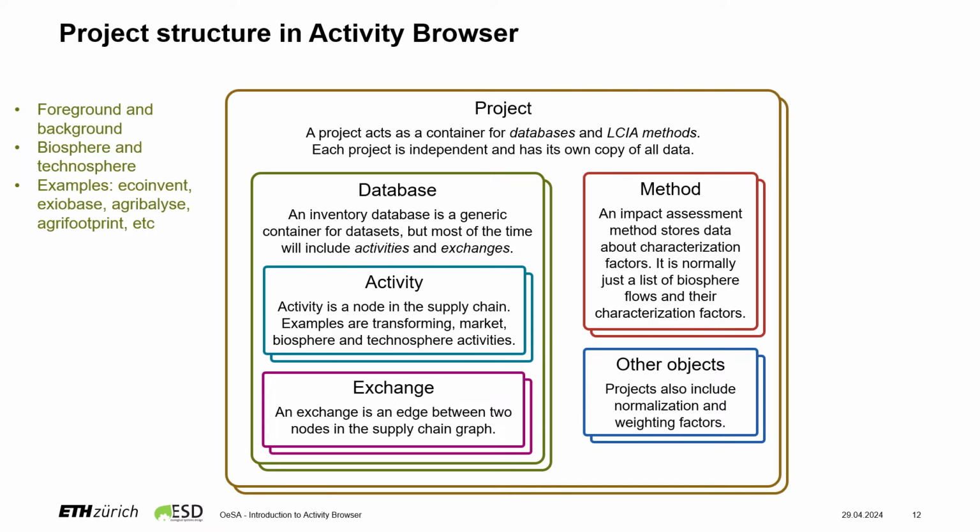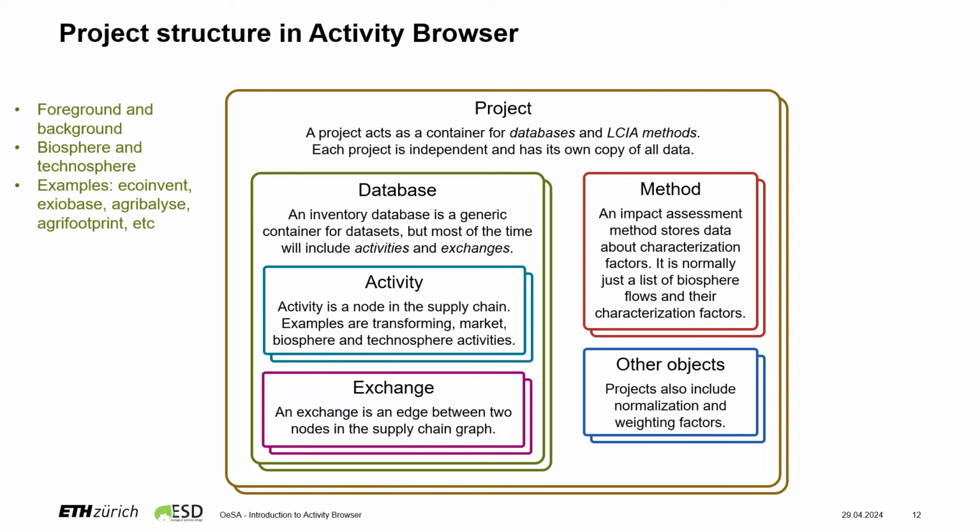Examples of databases can be foreground databases, where you collect the data yourself, which is what we will be doing today on a case study, or background data, such as ecoinvent technosphere. Databases can also be biosphere and technosphere. Overall, examples of databases are ecoinvent, Exiobase, AGRIBALYSE, AgriFootprint.